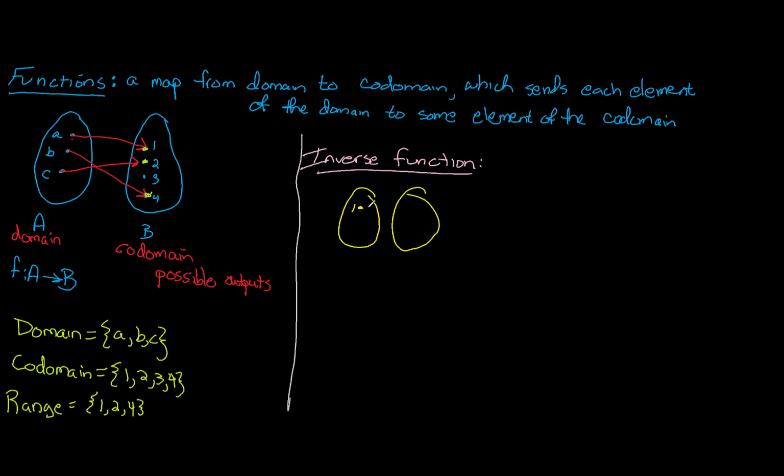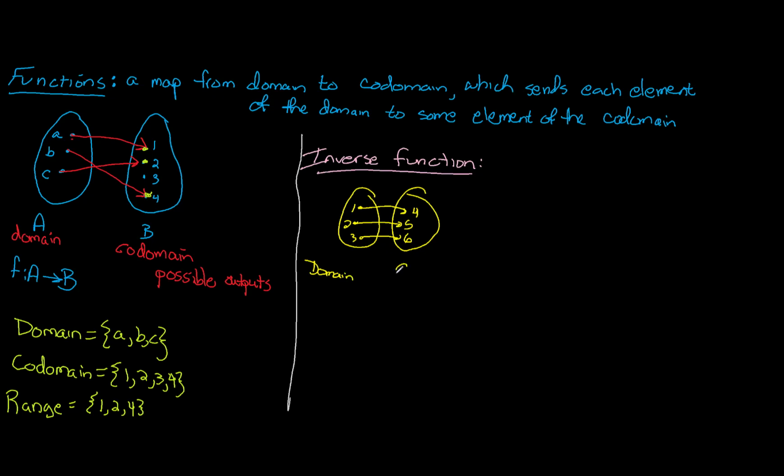I'm going to send 1 to 4, and I'm going to send 2 to 5, and I'm going to send 3 to 6. This is not a very exciting function, but it will work for our purposes. So in this case, our domain over here is the set 1, 2, 3.